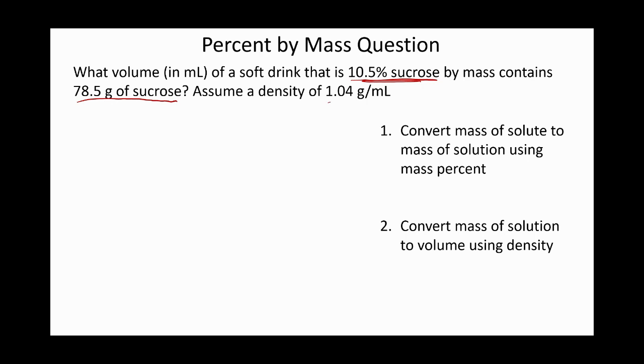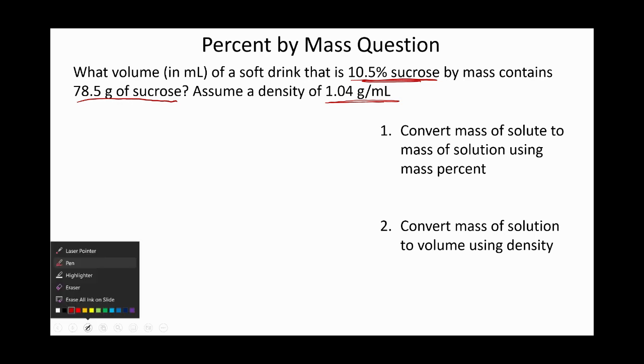We have that same density of 1.04 grams per mL, but in this case, now we're looking for a volume. I've laid out the step-by-step process you can do to solve this problem: converting your mass of solute to mass of solution using mass percent, and then looking for volume using density. I'll let you pause the video here, solve this, and then we'll come back and solve it together.